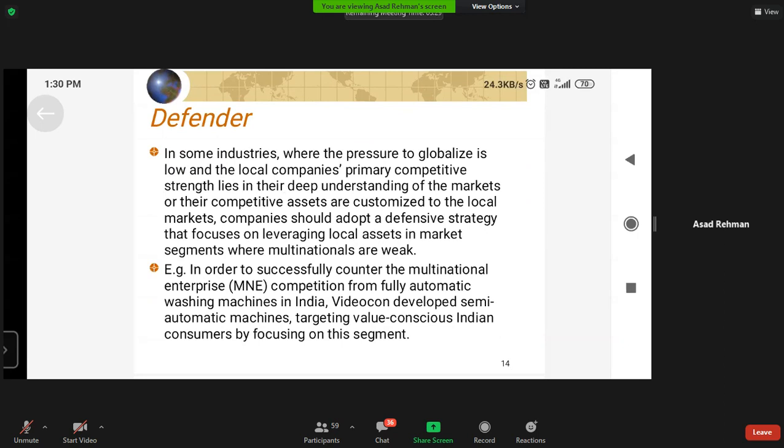What we see here, the pressure to globalize is low. The company's primary competitive strength lies in its deeper understanding of the market, because obviously you are operating in that home market, so you know the market well, you know the tastes and preferences of the consumers.